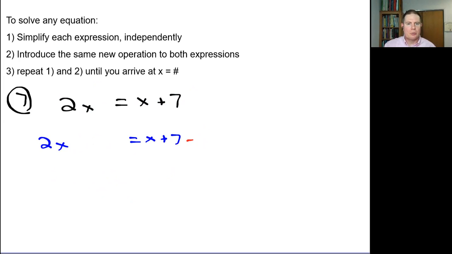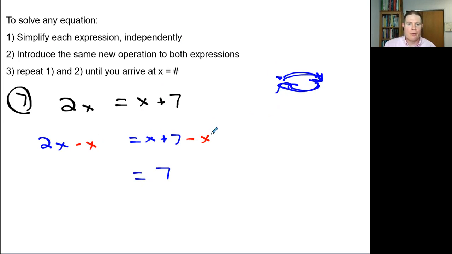Well, maybe instead of subtracting 7, I subtract the x. x minus x, 1x minus 0x, sorry, 1x minus 1x is 0x. 0 times x is 0, 0 plus 7 is 7, right? Instead of thinking of this as x moving forward 7 and moving backwards 7, I can think of it as 7 moving forwards x and moving backwards x.